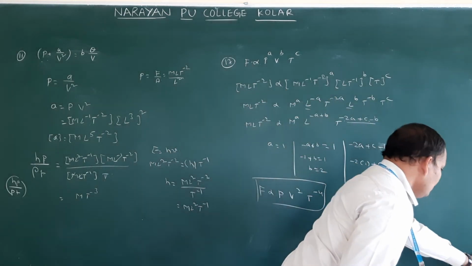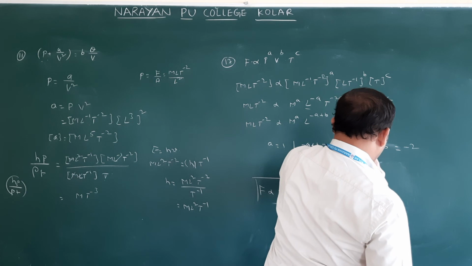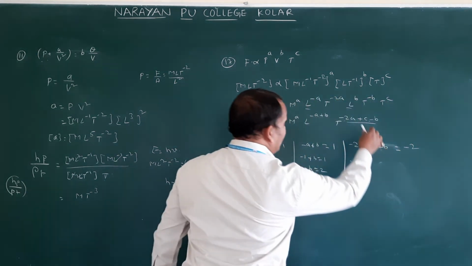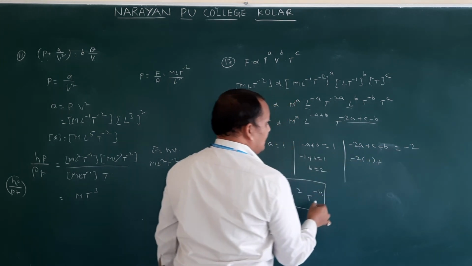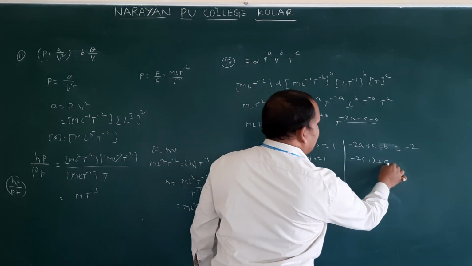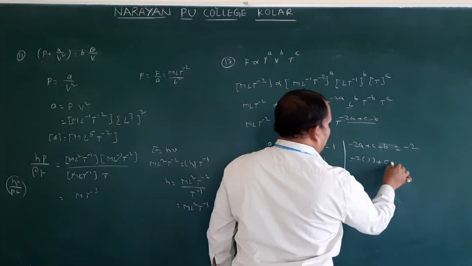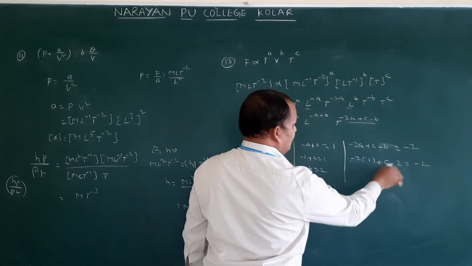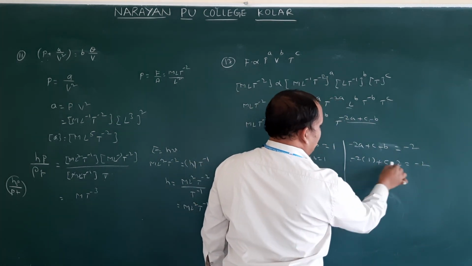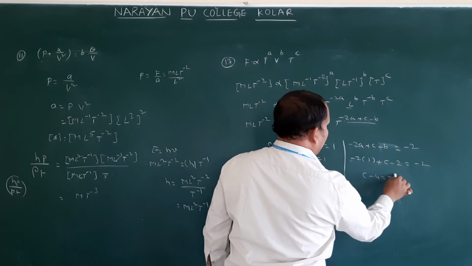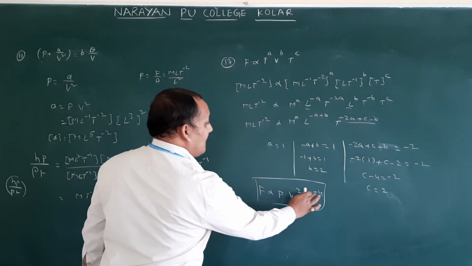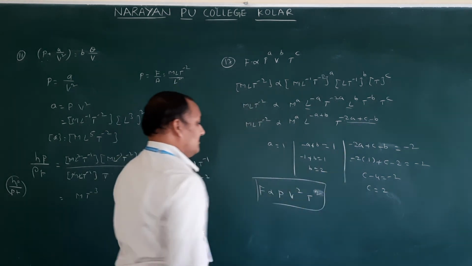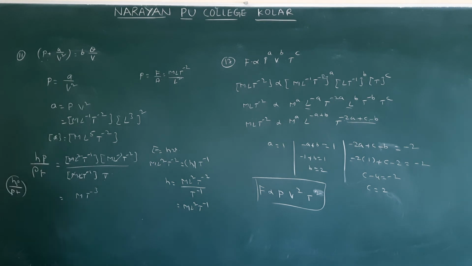Minus 2 into a value 1, minus b value 2, plus c equals minus 2. Then minus 2 minus 2 plus c equals minus 2, so c is equal to 2. Therefore, P V square T square. That is the correct answer, option 4.